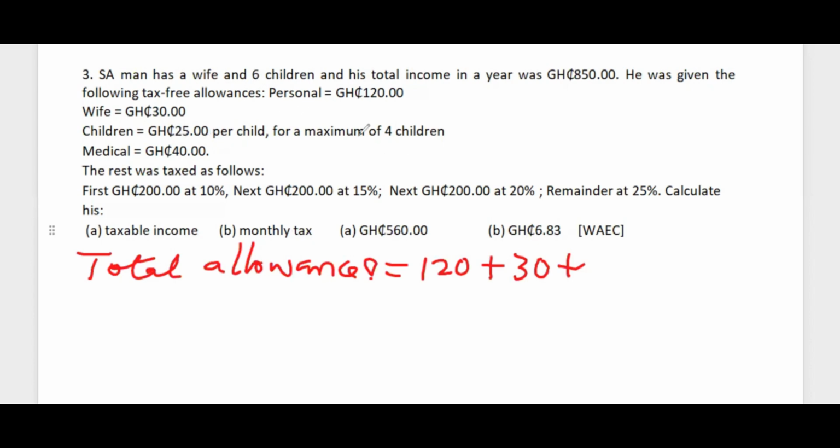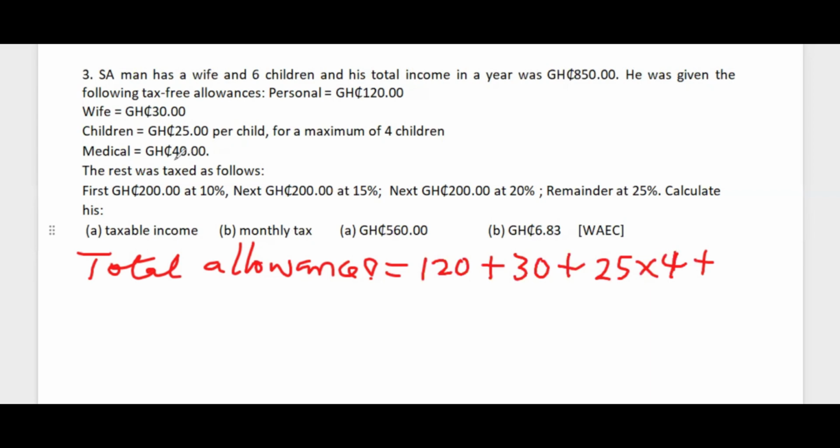Suppose they say up to a maximum of 4 and the person has just 3 children, it is those 3 you calculate for. But since he has 6 children and government can only give up to a maximum of 4, it will be 25 times 4, plus the next allowance, which is medical.